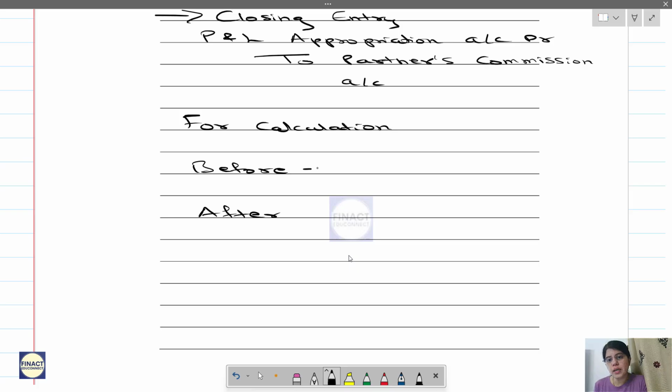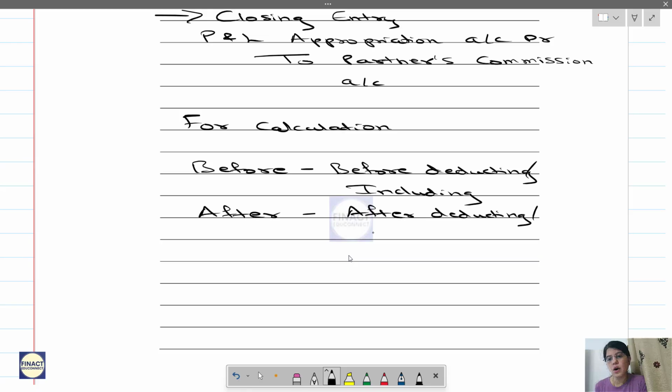Before means before deducting or before including. After means after deducting or after including.